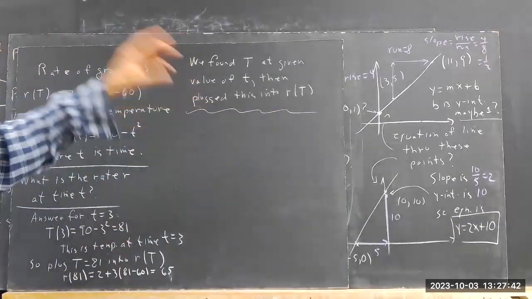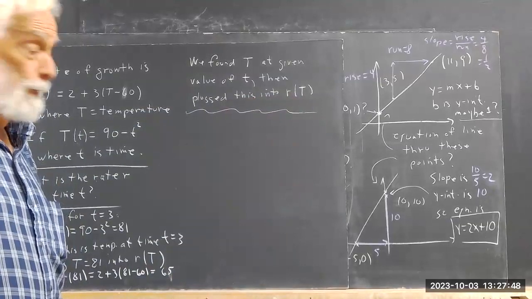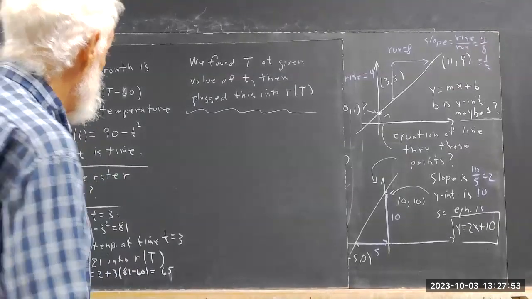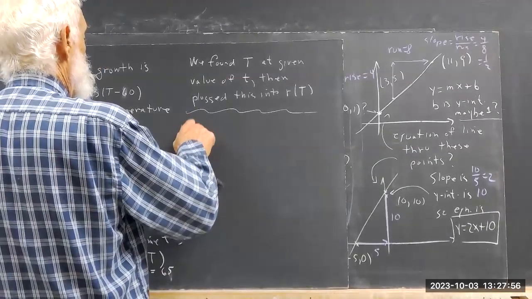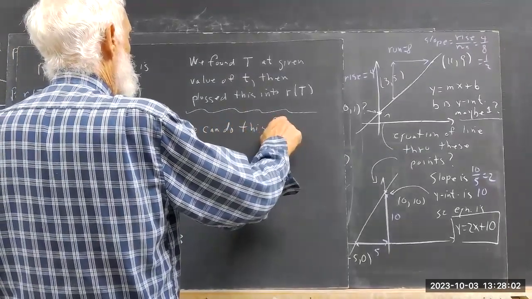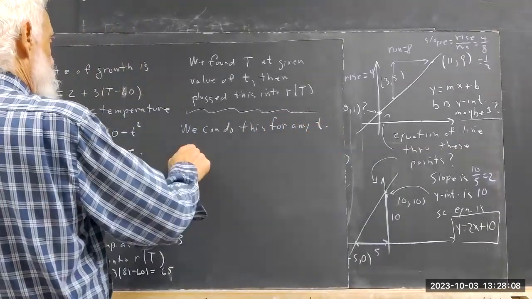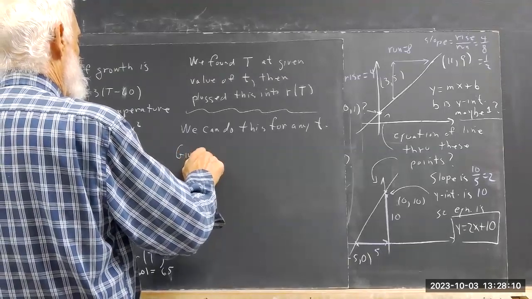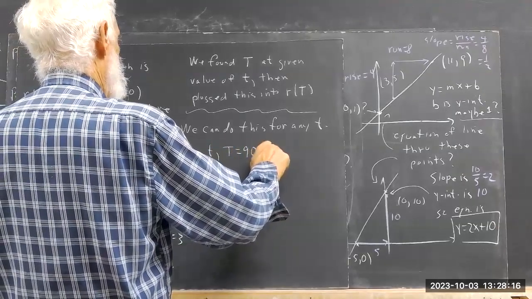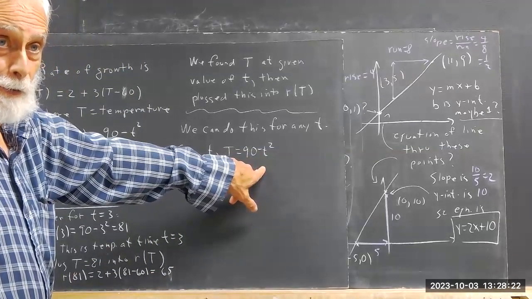Okay, so anyhow, what we did was we found big T at a given value of little t, then we plugged it in here, right? Well, we can do that. Given t, we calculate big T as 90 minus t squared.